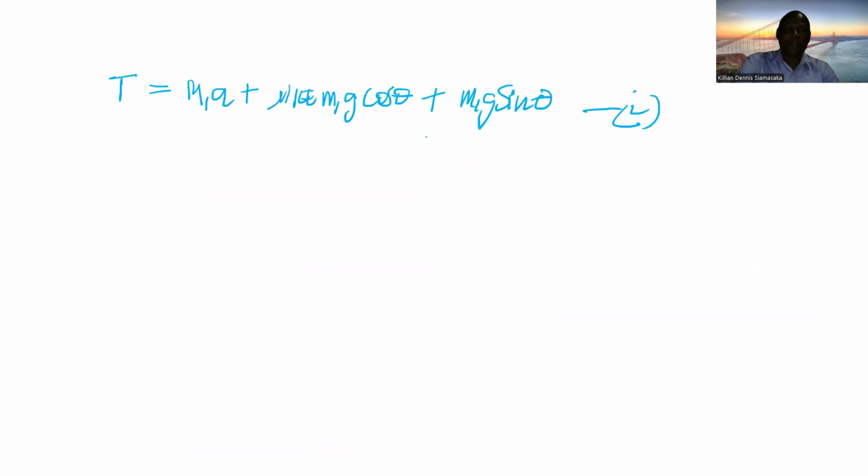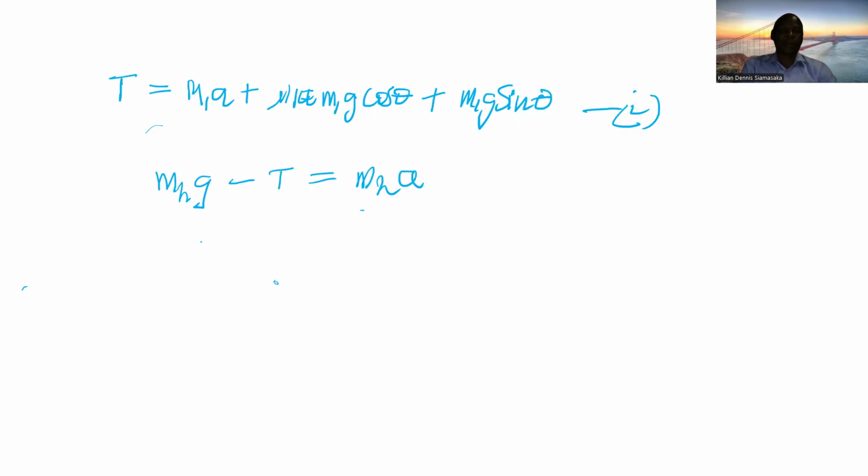Therefore, to get the resultant, we say m2 g minus the tension, because it's going down, is equal to mass 2 multiplied by acceleration.